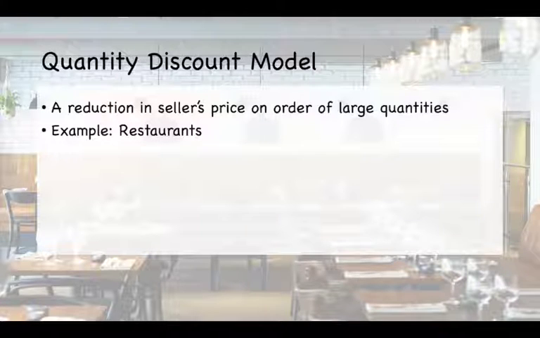Quantity discount model. The quantity discount model of inventory management is a reduction in a seller's price on orders of large quantities. An example would be restaurants. In a restaurant, there are many mass quantity of things needed, such as food, dishes, silverware, napkins, tables, and other tangible items.